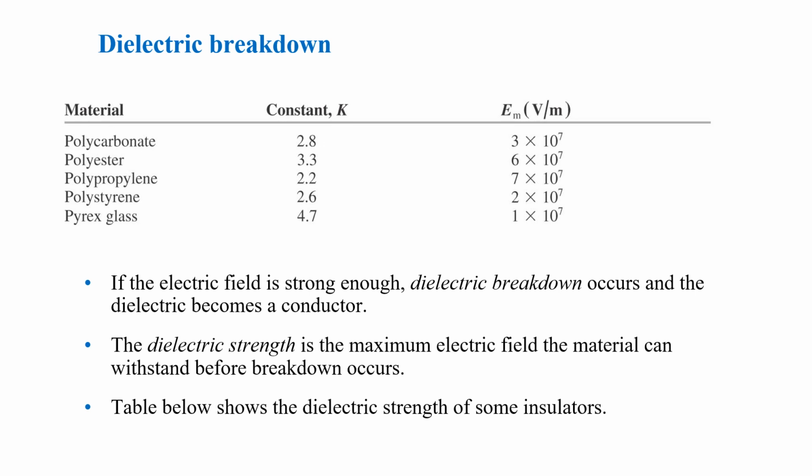The dielectric strength is the maximum electric field, which in this case is the voltage, that the material can withstand before breakdown occurs. The table here shows the dielectric strength of some insulators which you can use as a dielectric material for your capacitors. So we have polycarbonate, polyester, polypropylene, polystyrene, glass, and Pyrex glass.